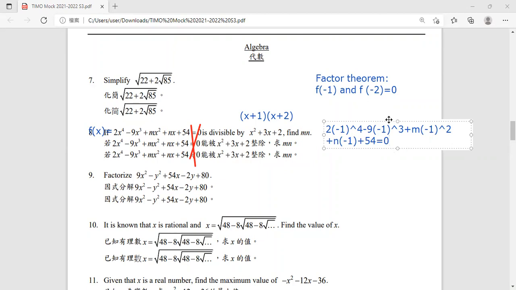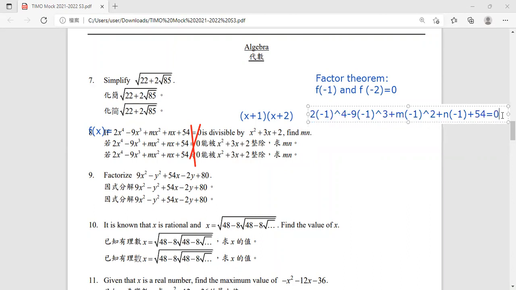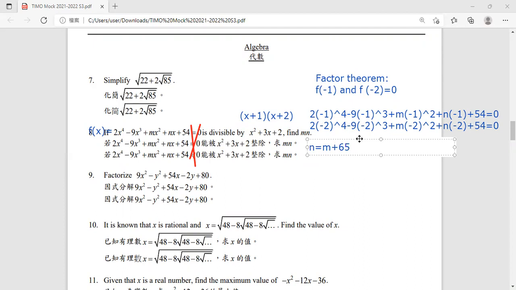The first equation is here, and the second one, all the things become negative 2. So then after simplification, we got this one: m equal to n plus 65 and m equal to 2n plus 79.